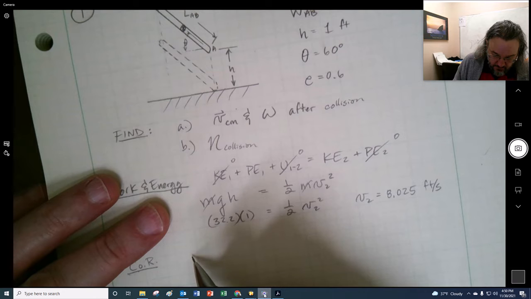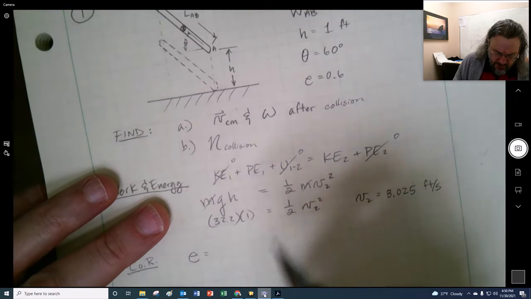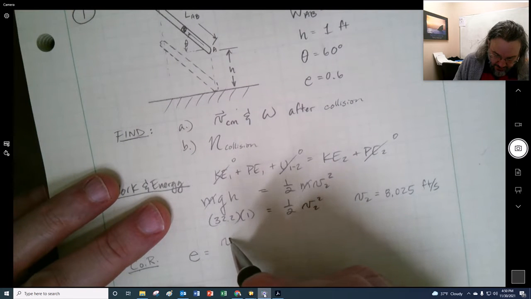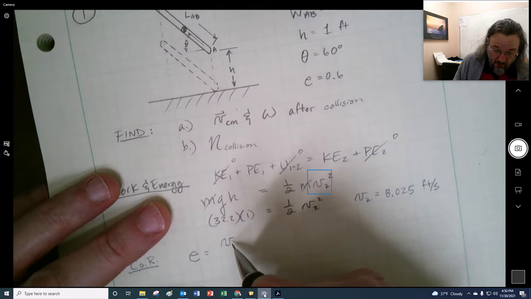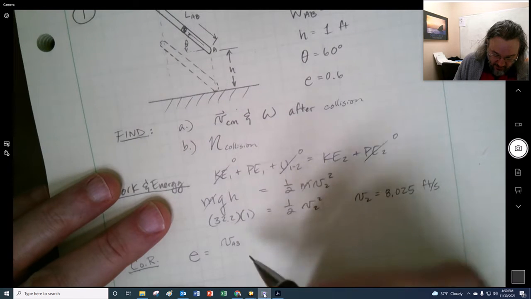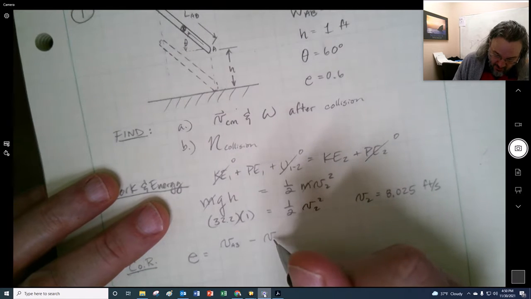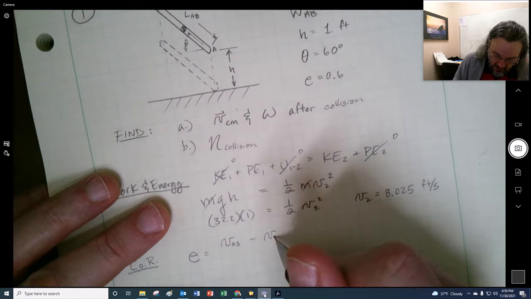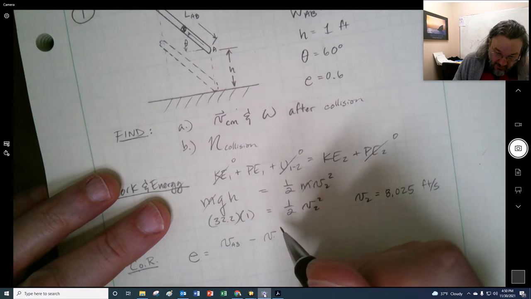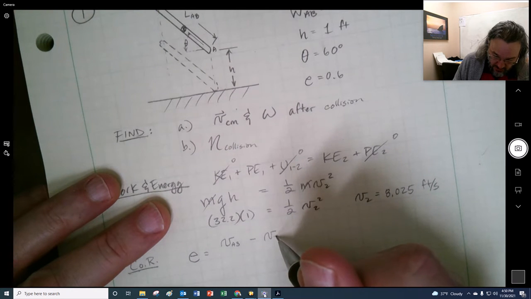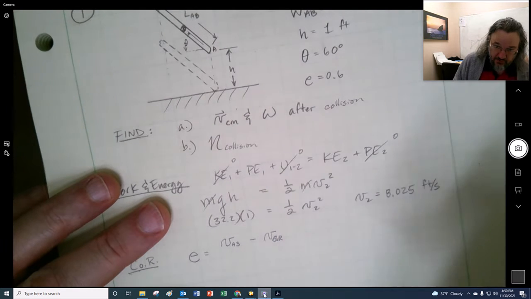So if I write out the coefficient of restitution like I usually like to do, I usually go V, let's say A3 minus V, and I'm going to write the ground, GR, for the ground.